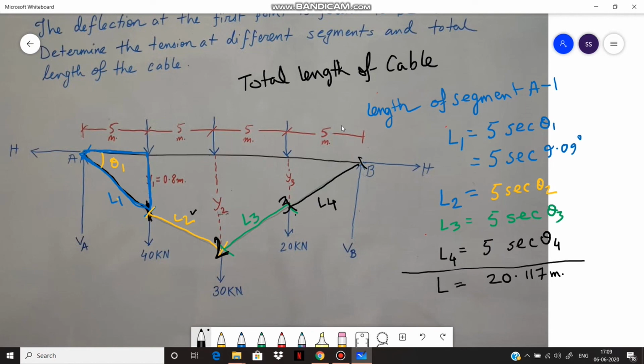So summing up L1, L2, L3, L4, we get the total length of the cable equals to 20.117 meter.